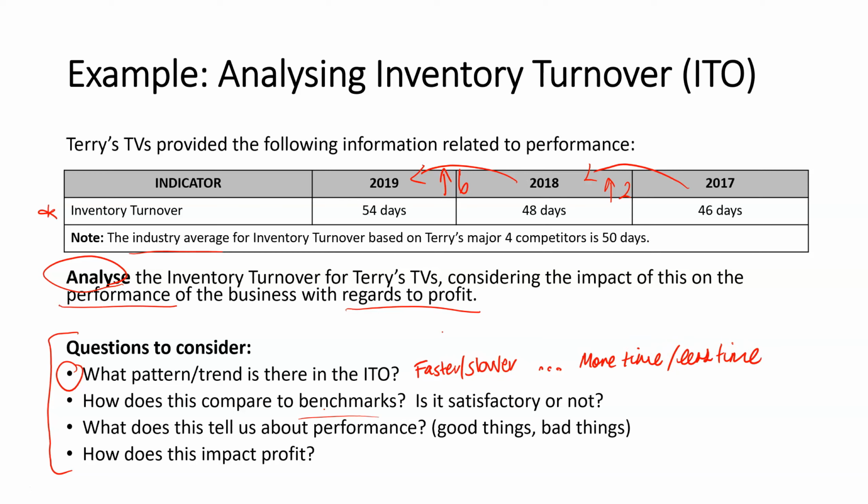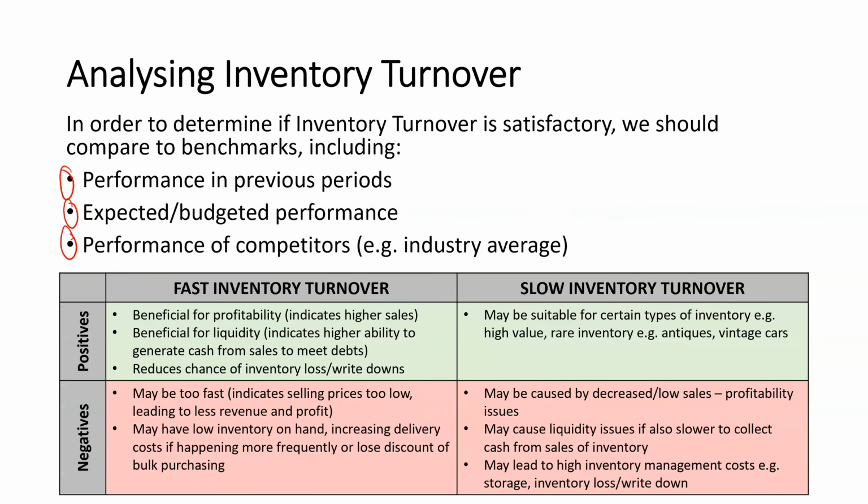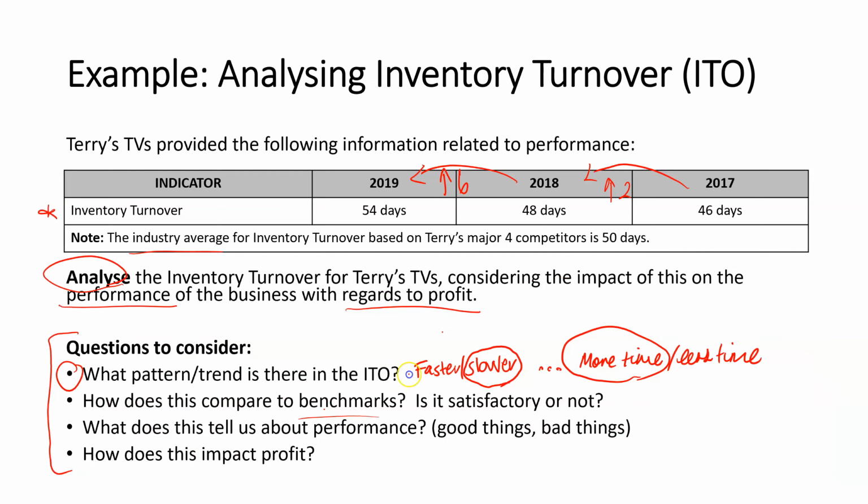So in this case, our inventory turnover is becoming slower because it's taking more time or longer to be able to convert that inventory to sales. So we can see that it's slowing down, and thinking about our table from over here before, we know that a slow inventory turnover could indicate some problems.